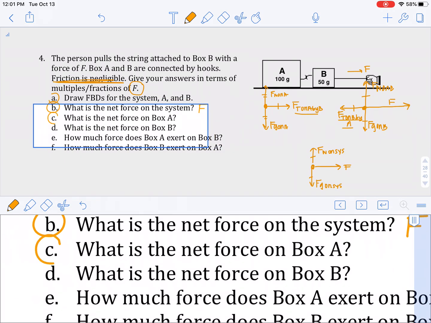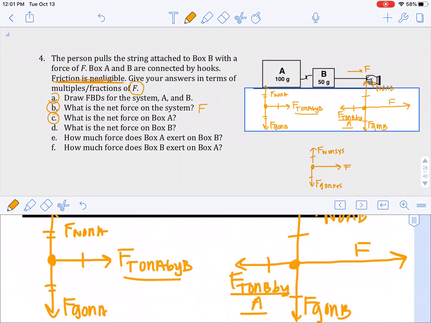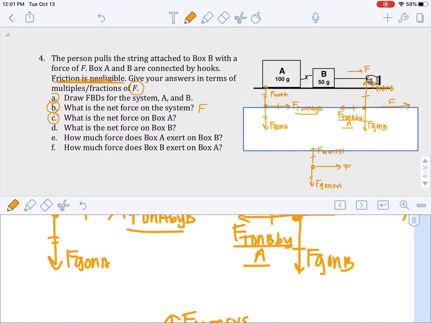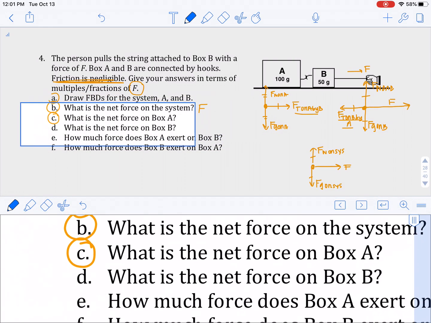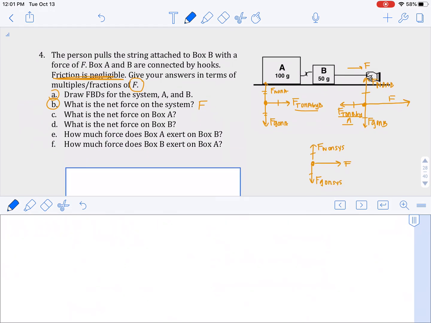Okay, so the net force on block A, is that just F? No, it's the force of tension. So I'm going to need to figure out what this force of tension is to determine that net force.